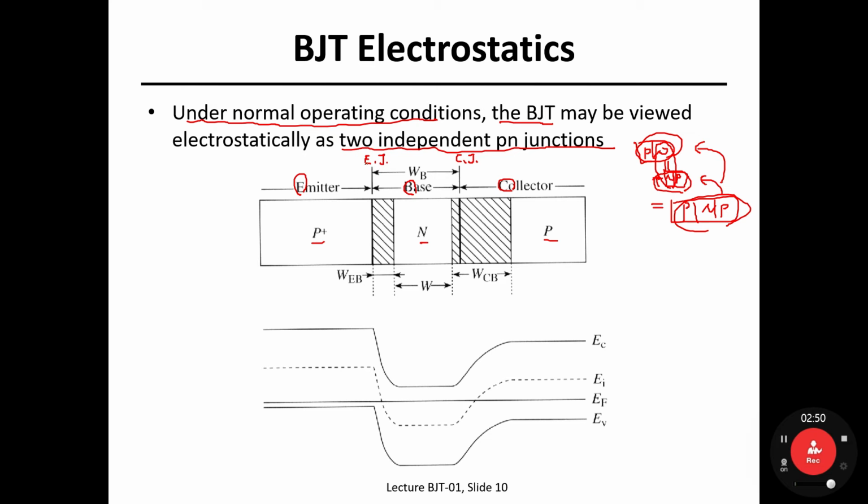Again, under normal operating conditions of this BJT, the emitter junction is forward biased, and the base collector junction is reverse biased.